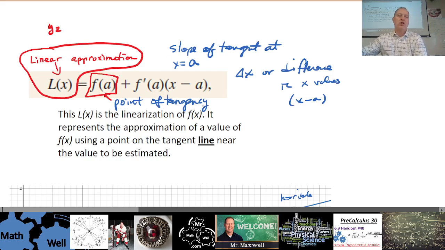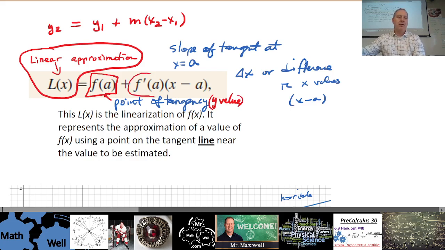So this is the point of tangency y value, because remember what this looked like: plus m times x2 minus x1. Okay, so that's a plus. So this is what we came from, and this is what this is now. So this y value is f of a, the y value of the point of tangency.